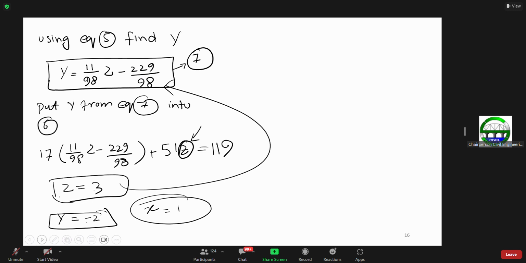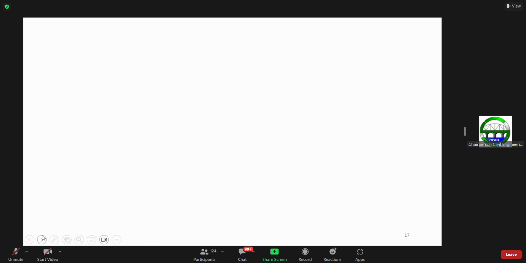So I repeat again, if in the final exam or the midterm exam it is given to just solve this system, you can use any of these methods. But if it is mentioned to use a particular method, then you have to use that particular method to solve the system of linear equations.